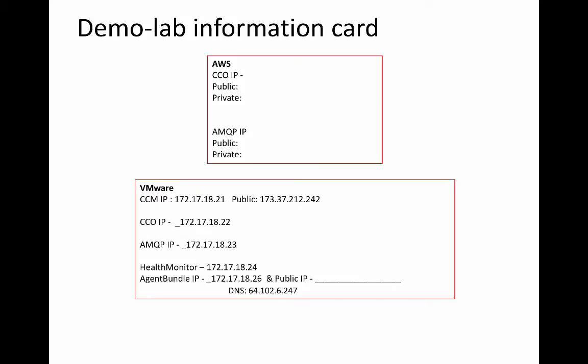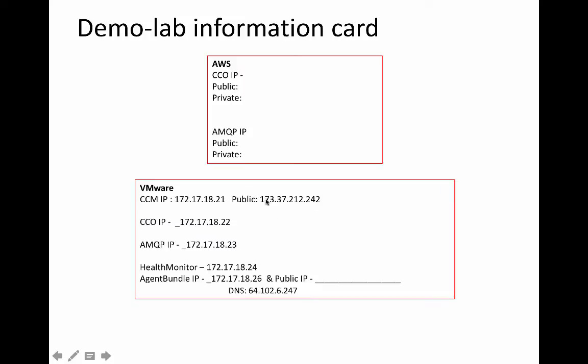This is a card. I'll keep this one handy. As we go, we will try to update these IP addresses and others. I have the IP addresses for the ones inside the VMware environment. If you can see, CCM is 21, 22, 23. Pretty straightforward. Health monitor 24, and then 26. Now CCM will be inside the data center, but CCO, which will have a public IP, will try to talk to it.